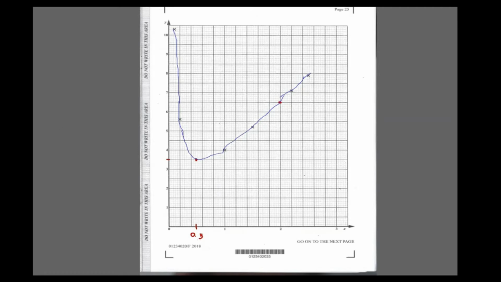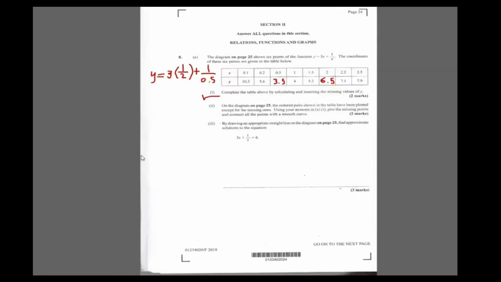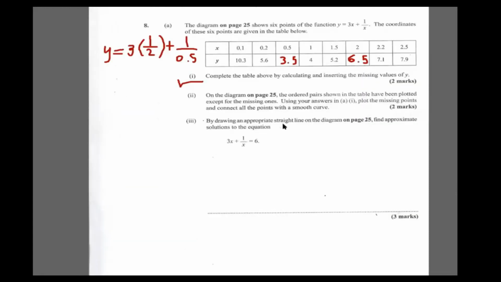Now, what are they going to ask us now? I bet they're going to ask something like minimum value and some stuff like that. It says now, by drawing an appropriate straight line on the diagram, find the approximate solution of the equation 3x plus 1 over x equals 6. So this graph represents y equals 3x plus 1 over x.